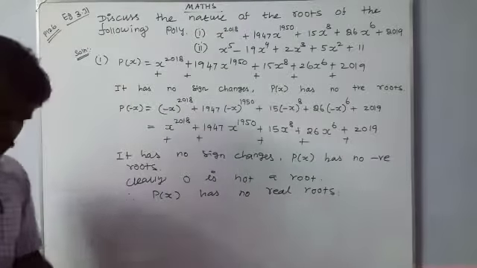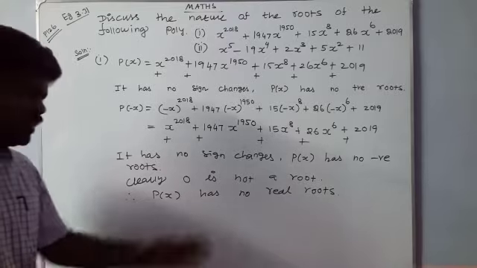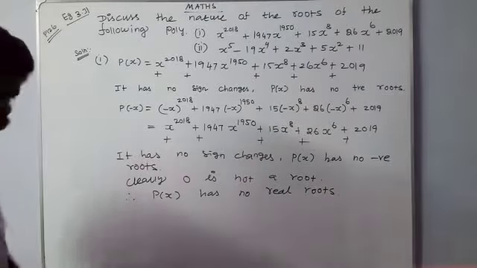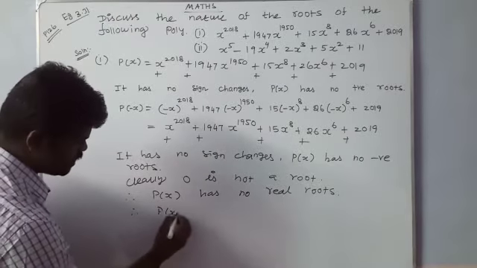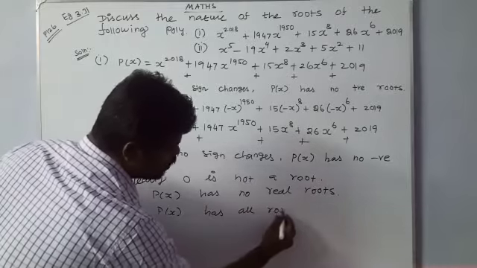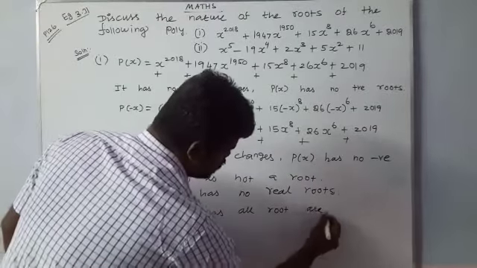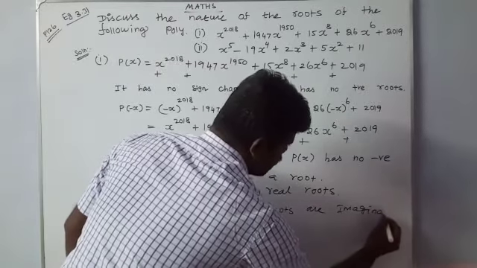There are no real roots, so the remaining roots are imaginary. All roots are imaginary roots. Therefore, p of x has all roots imaginary.